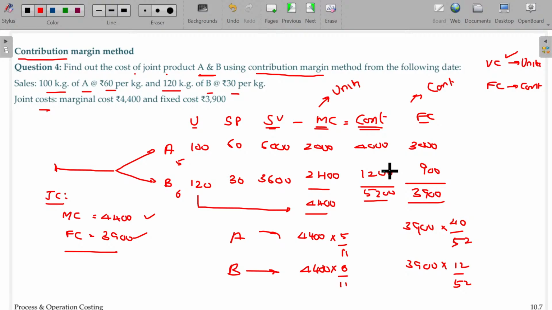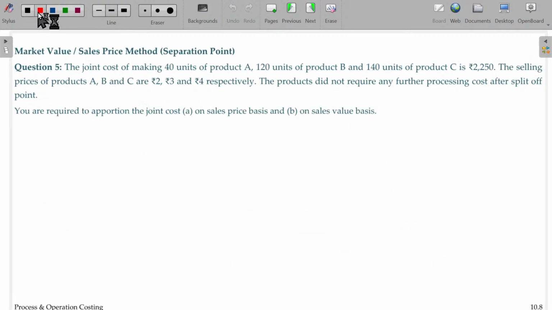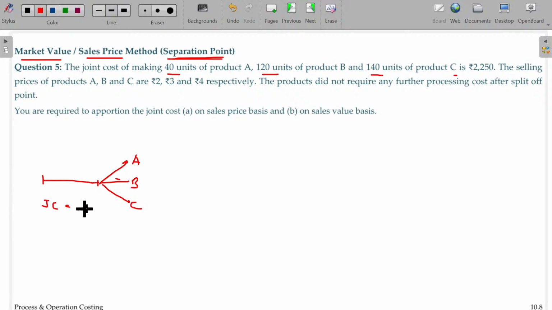Now, the fifth one: market value or sales price method at separation point. The joint cost of making 40 units of product A, 120 units of product B, and 140 units of product C is 2,250. So we produced three products, A, B, C, with joint cost 2,250.